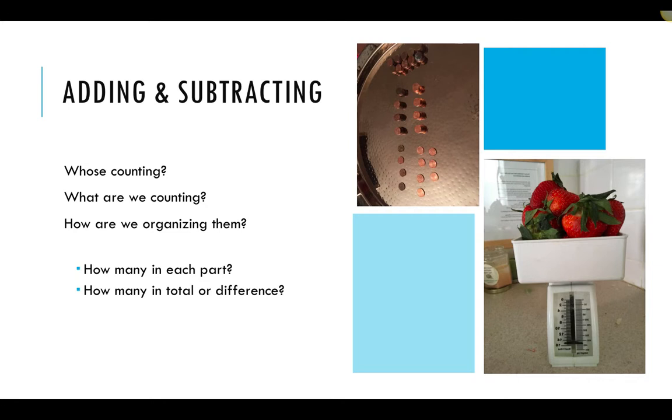And then how are we organizing them? For addition and subtraction, we organize by parts and wholes, and we're either combining them or finding the difference. So this week, we'll be counting or measuring some things and then combining and comparing them. And I hope you guys have some fun doing it.